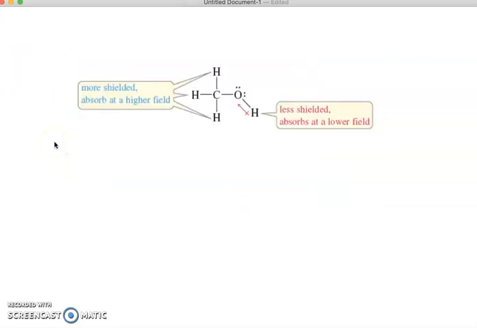First, we need to talk about a couple of terms. Specifically, we have to talk about shielding. Shielding talks about the electron density near a nucleus. The more electron density near the nucleus, the more the shielding. So this hydrogen that's on the oxygen is less shielded, or sometimes we say deshielded, because the oxygen is electronegative.